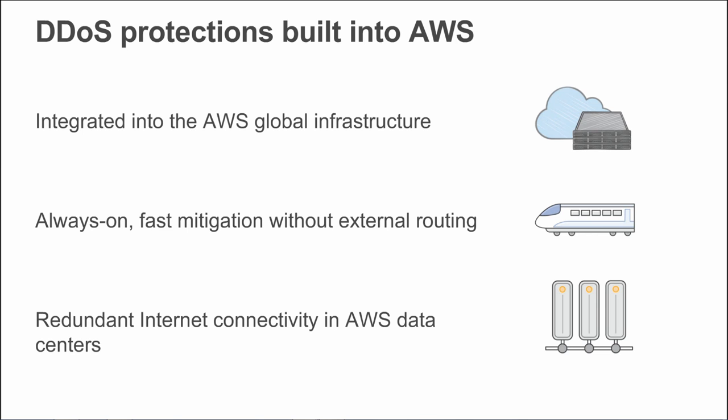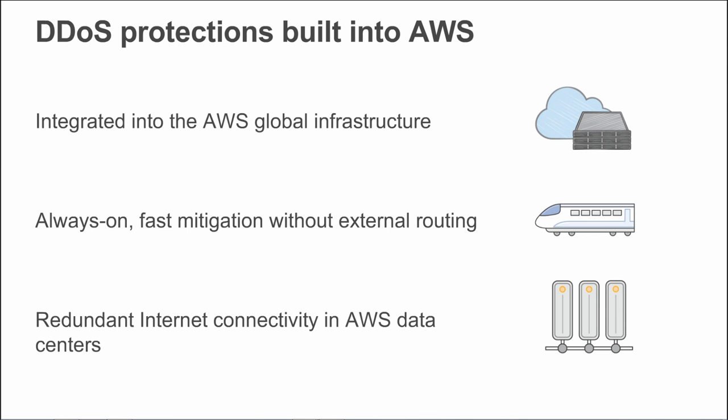And the second thing that we always ensure is that the DDoS protections that we built into AWS are always on, meaning our detection systems are always looking at the incoming traffic, looking for malicious and suspicious activity. And the mitigation systems are automatically enabled, and they are inline, making it efficient because there is no external routing happening to a faraway scrubbing location.